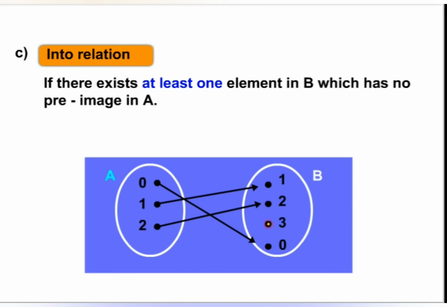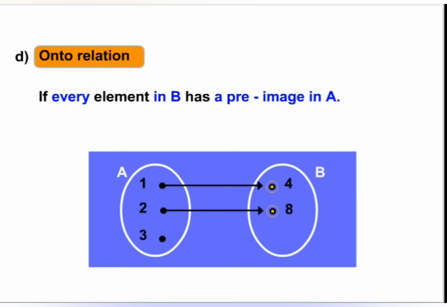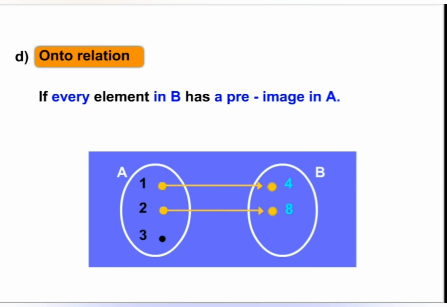D. Onto relation. If every element in B has a pre-image in A. For example, in the given figure, both the elements in B, that is 4 and 8, have pre-images in A, that is 1 and 2 respectively.